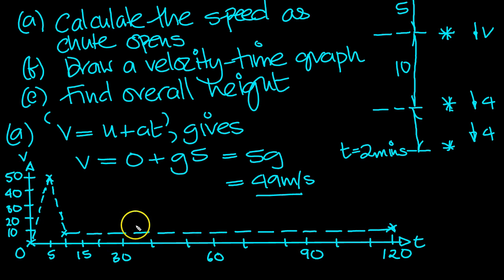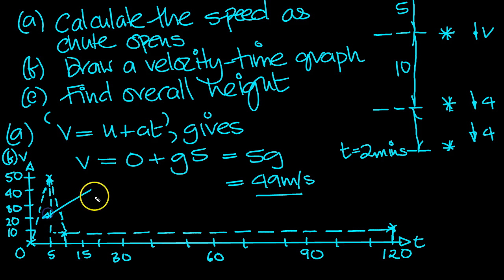So we've done that, that's part B. Now part C, find the overall height. The distance travelled would be the area under the curve. So we've got this triangle here, this rectangle, and this triangle here and this triangle here.